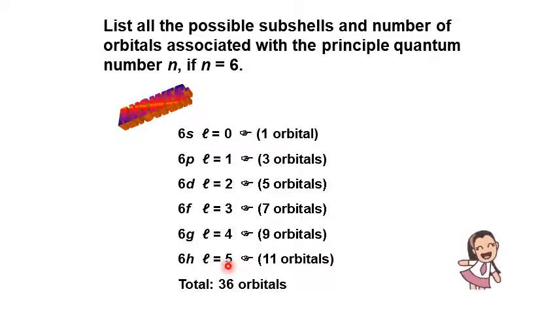And when l equals 5, m equals -5, -4, -3, -2, -1, 0, +1, +2, +3, +4, +5. Total 11 orbitals. Since the question wants the total number of orbitals, we sum up. The answer is 36 orbitals.